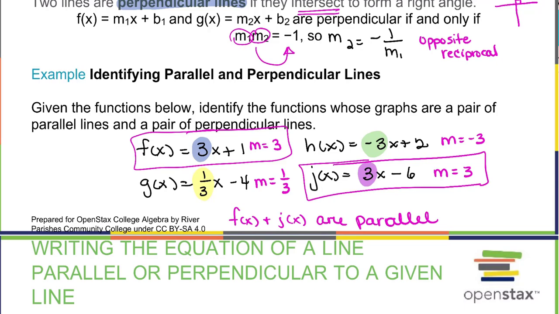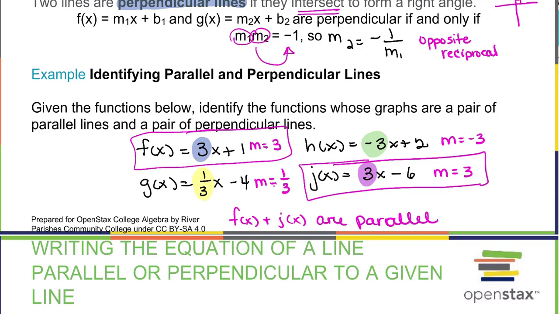Now, in order to be perpendicular, the slopes have to be opposite reciprocals. So I believe that opposite means they have to be different signs. So 1/3 is the reciprocal of 3, but it's not opposite. So this can't be perpendicular. f of x and g of x can't be perpendicular.